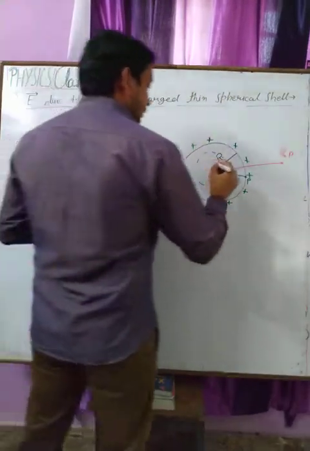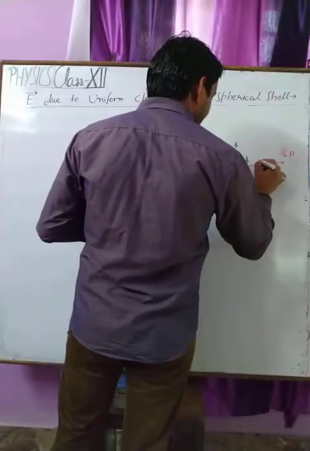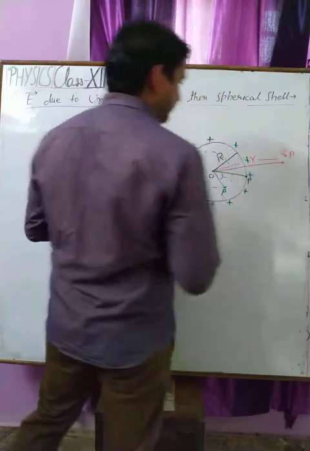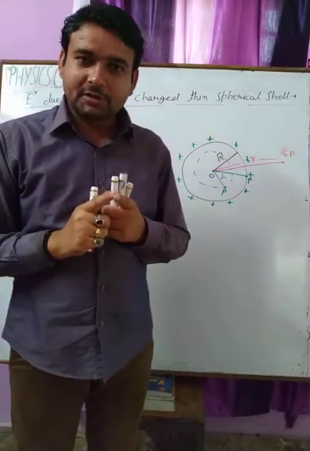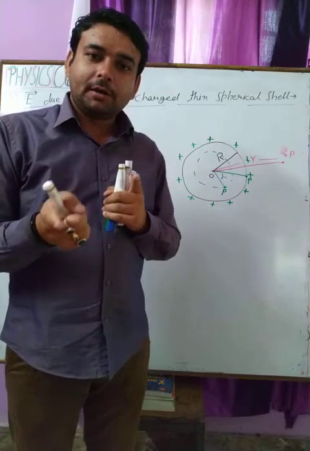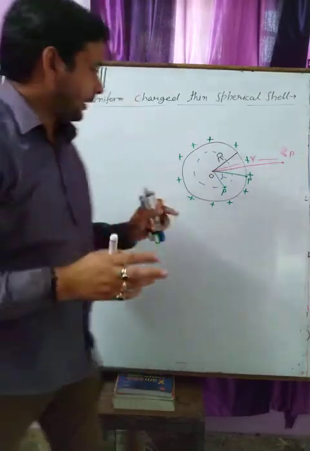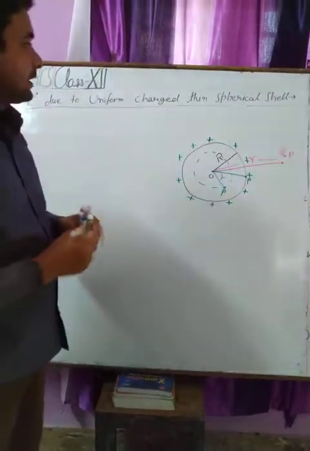So we have three points at which we calculate the electric field due to this thin spherical surface.